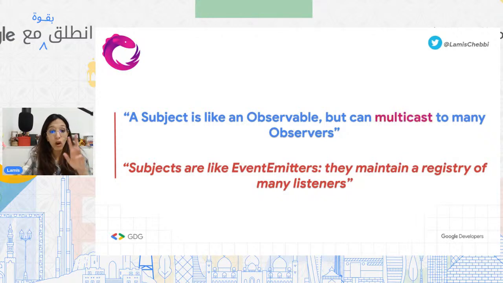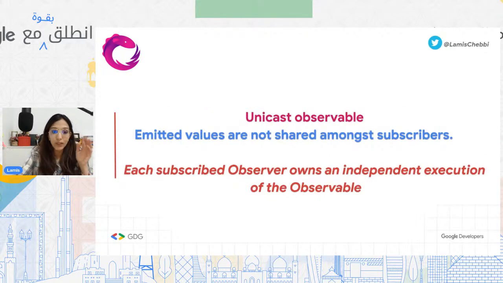Now the second word we should stop at is multicast. We need to understand that it can multicast to many observers. And what do we mean by multicast? Multicast is the opposite of unicast. Unicast observables are observables whose emitted values are not shared amongst subscribers.